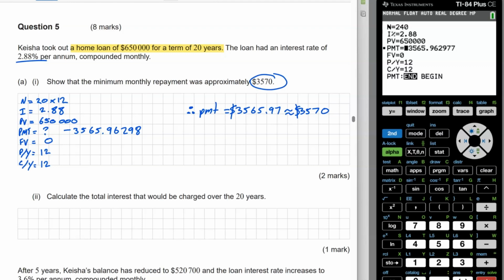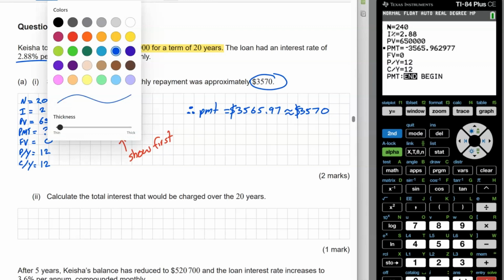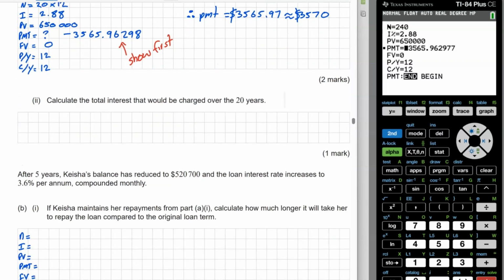And it's important, again, because it's a show that question, that we always put this first before we then go and say that it's approximately equal to the $3,570.